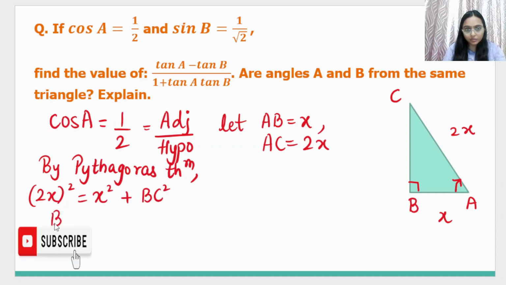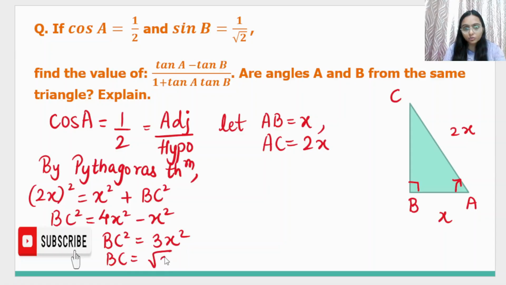So BC square will be 4x square minus x square, which gives you BC square as 3x square, and when you take square root on both the sides, we get BC as root 3 x.